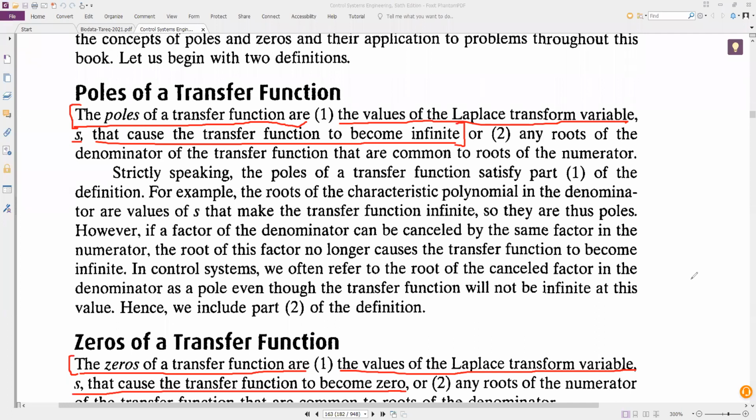Yes, sir. Okay. So what are we dealing with? We are dealing with the transfer function, right? So if the transfer function becomes 0, then you note down the value of s for which it becomes 0. That value is known as the zeros. If I ask you the definition of poles and zeros, I think you will be able to give it.